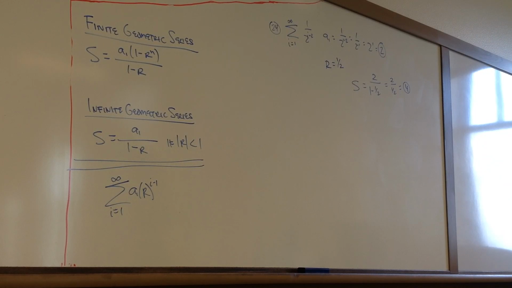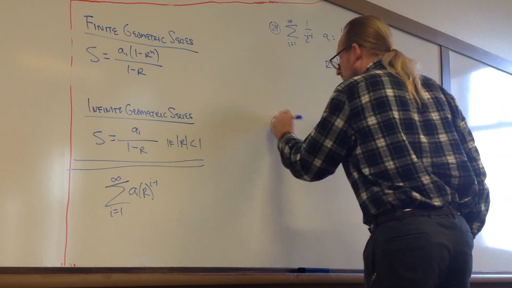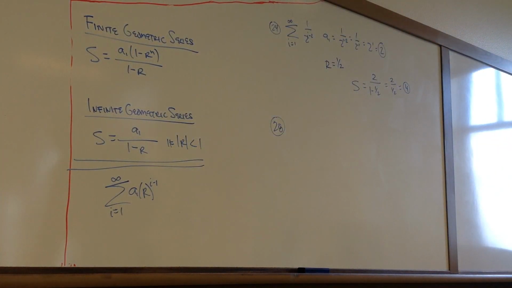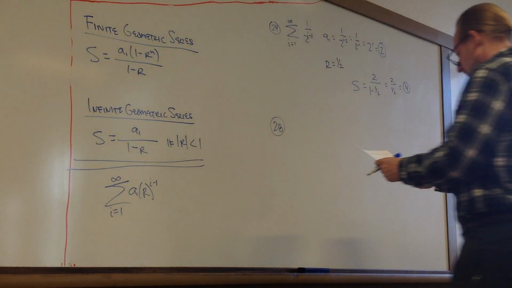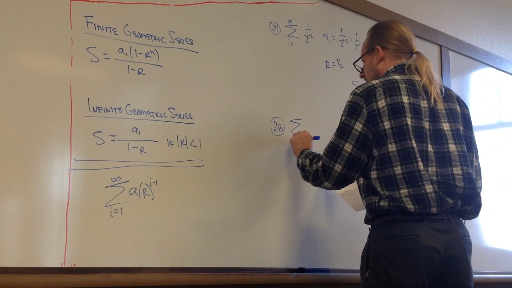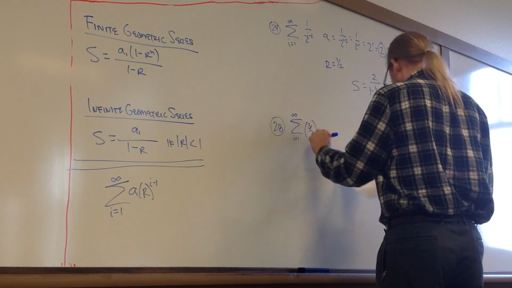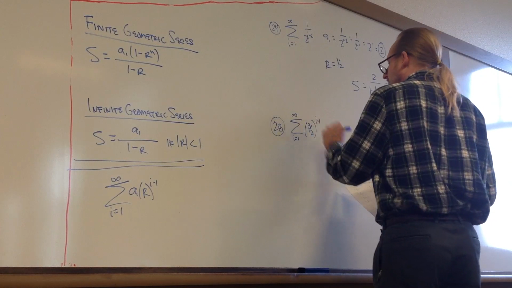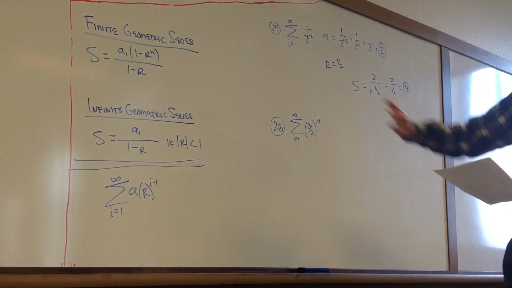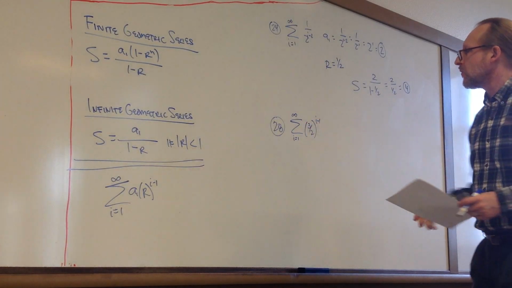All right, let's see here. Problem 28. We've got the sum as i runs from 1 to infinity of 3/2 to the i minus 1. So this is, again, sort of in standard form if you think of this coefficient as being a 1.